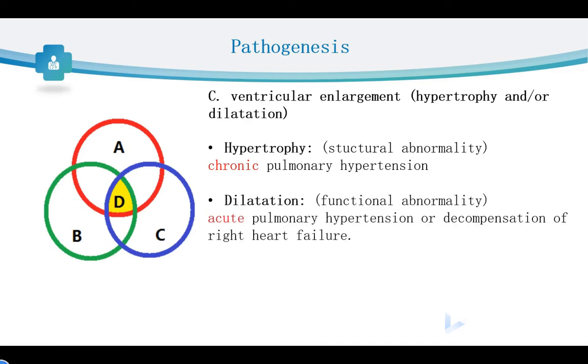But on the other side, if the pressure of the pulmonary artery increases rapidly and lasts for a short time, it will induce a functional abnormality of the right ventricle because of the acute pulmonary hypertension.